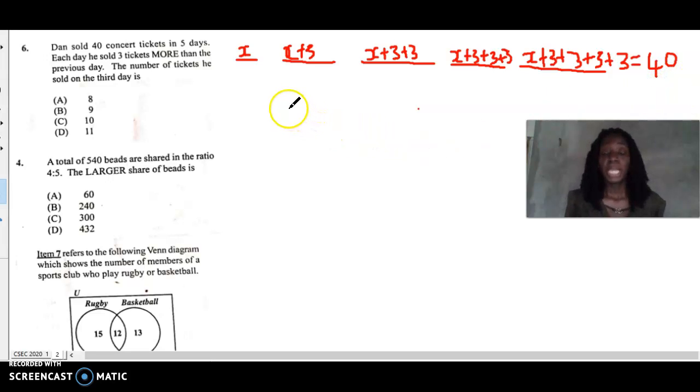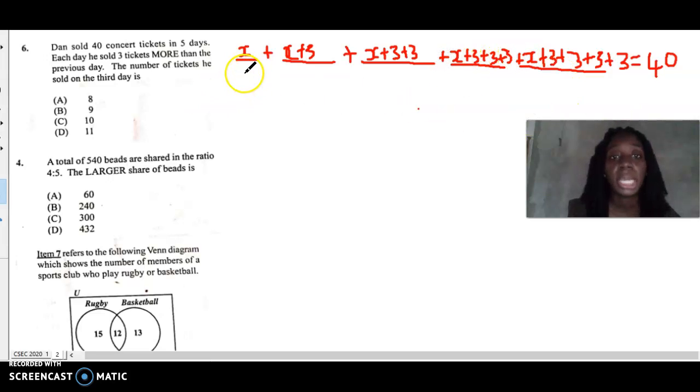Now, given that we want to find out the sum of the tickets sold on these 5 days, initially, we can find the sum of the amount of tickets sold. So on day 1, well, before I get there, we can actually use algebra to simplify this expression, to let it look a little tidy.